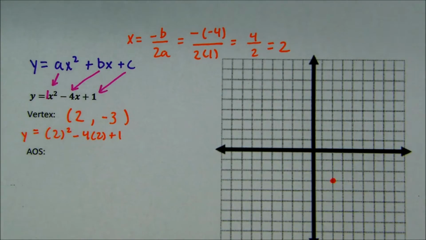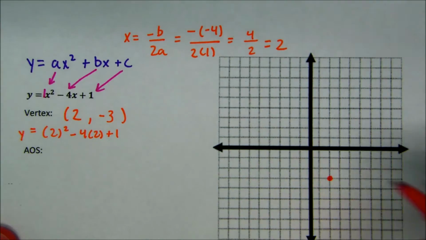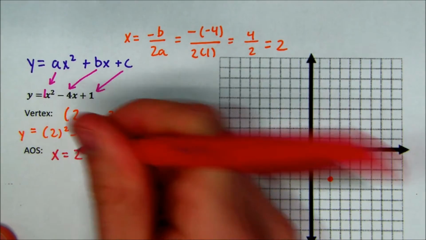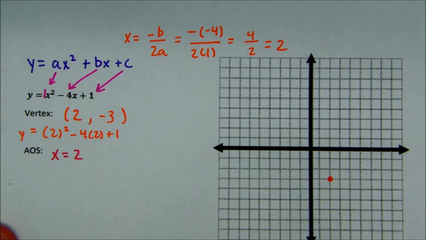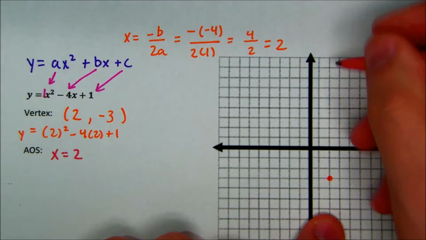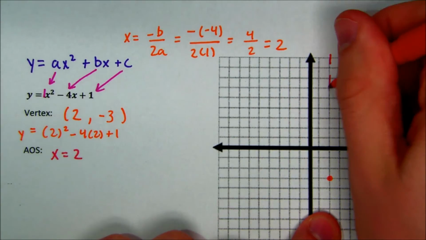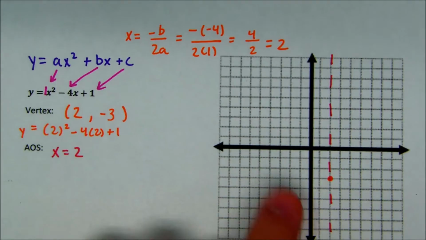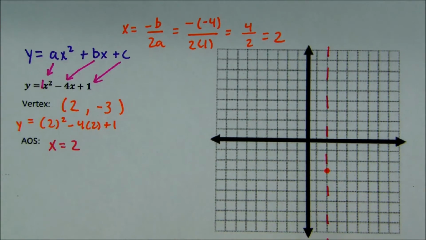My axis of symmetry is always x equals the x coordinate of the vertex. So, since I have x equals 2, I draw a nice vertical line through the vertex. And so that's the first thing I want to do, graph the vertex and axis of symmetry.